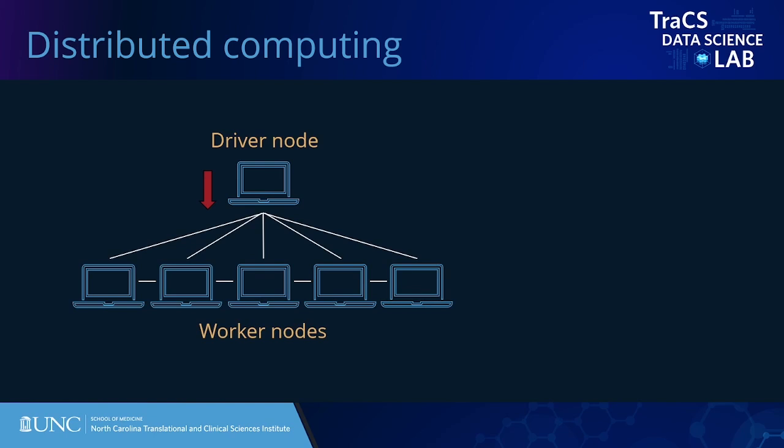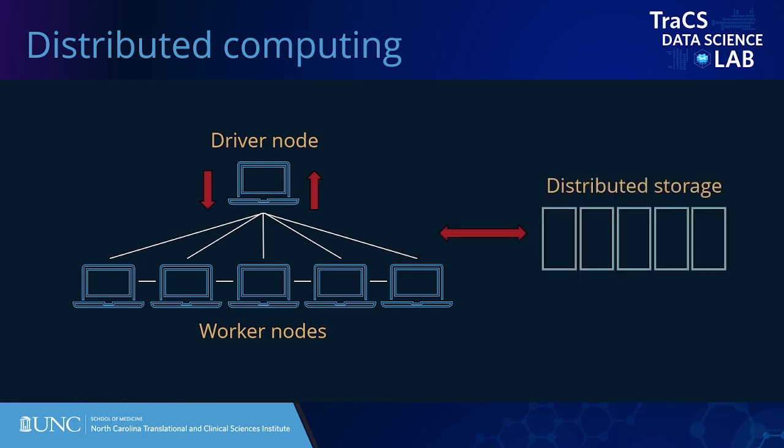And then the driver node is also responsible for assembling all the results that come back from the worker nodes. The worker nodes connect to where the data are stored, usually some type of distributed storage system, and they read in just the data they need to do their share of the computing workload. They can also write new data files into storage when that's part of the code. So using this distributed computing framework and the other methods I mentioned, Spark facilitates very efficient big data computing.